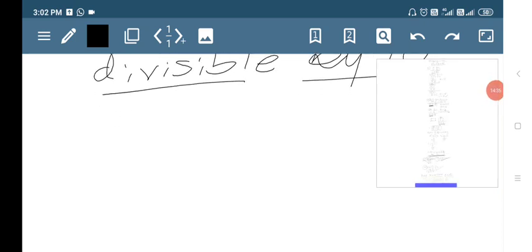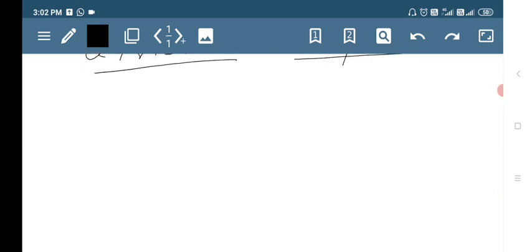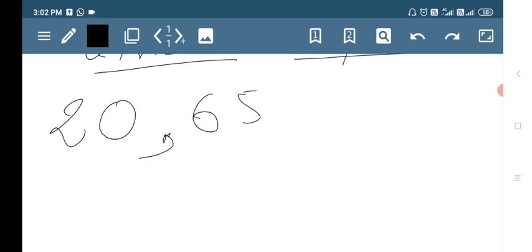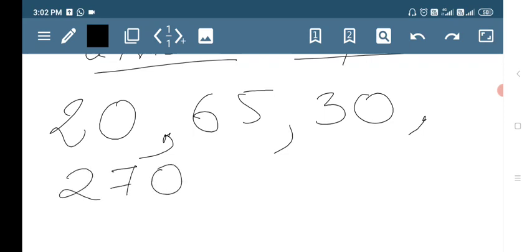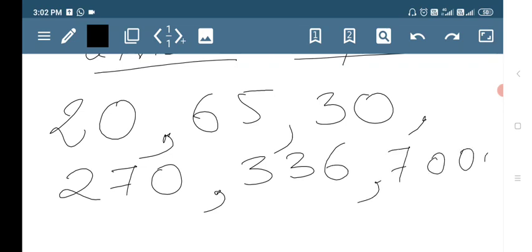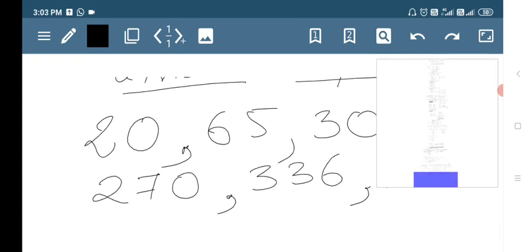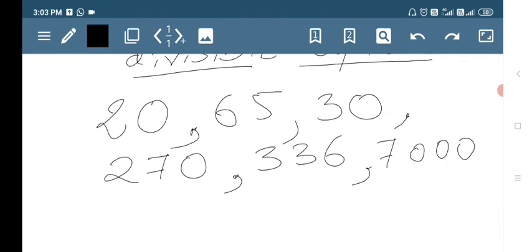So I will give you a group of numbers. Tell me whether they are divisible by 10 or not. 20, 65, 30, 270, 336, 7000. Is this divisible by 10?